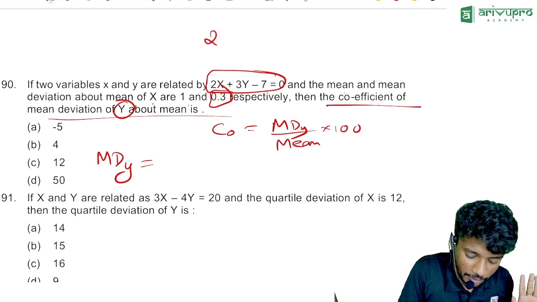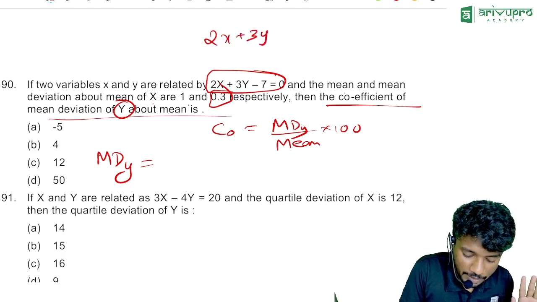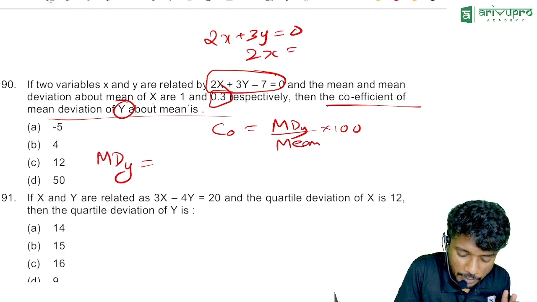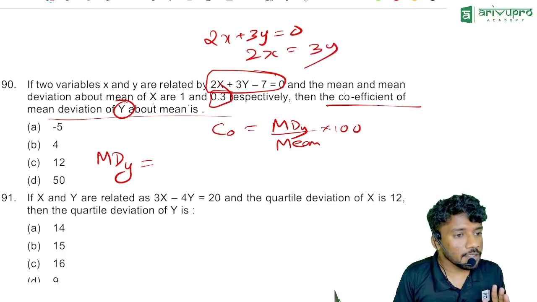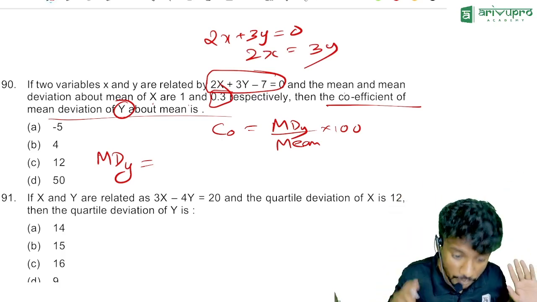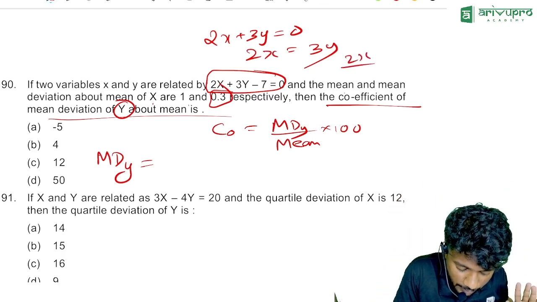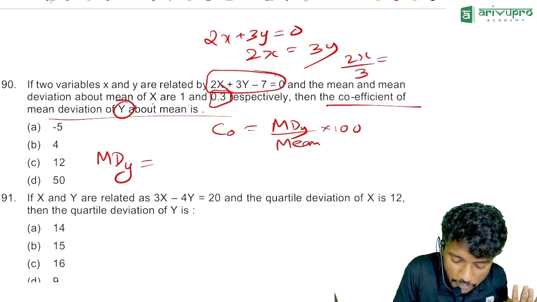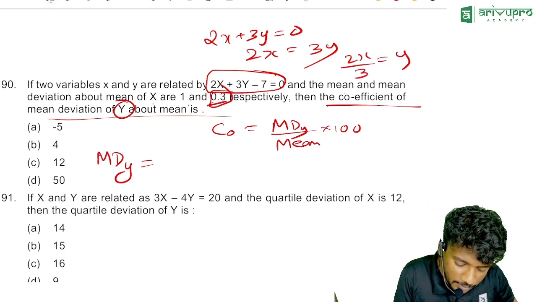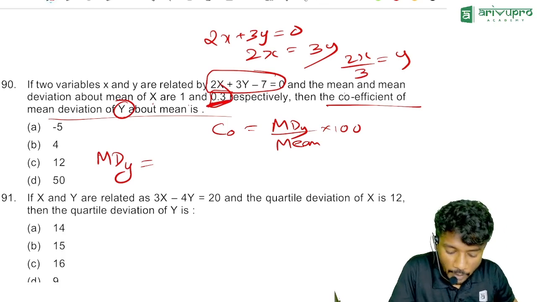You can take 2x plus 3y is equal to 0. Or you can take 2x is equal to 3y. Correct? Now, what are we going to find? I am ignoring the sign also. Okay, we don't need the sign. We are taking the modulus only. Then, 2x divided by 3 is equal to y. So, x is how much? 0.3. So, y will be how much?